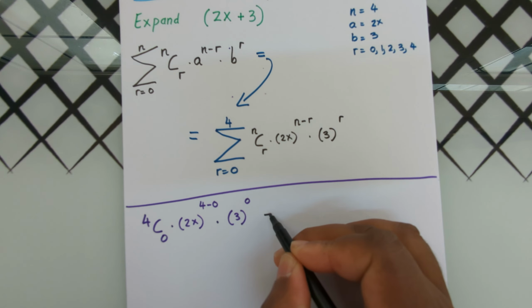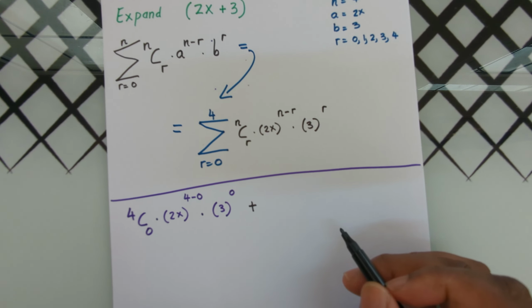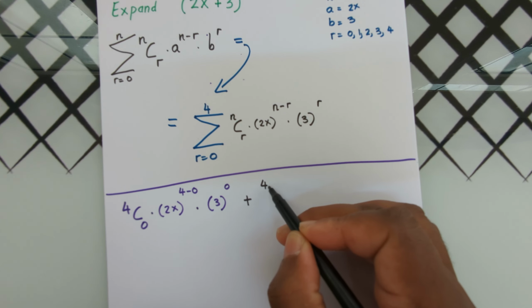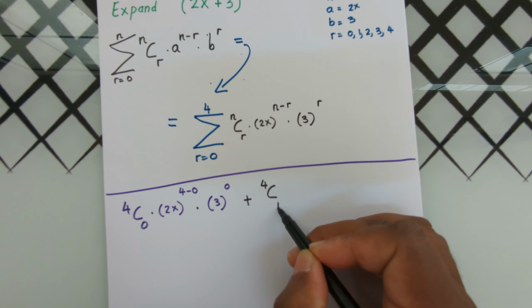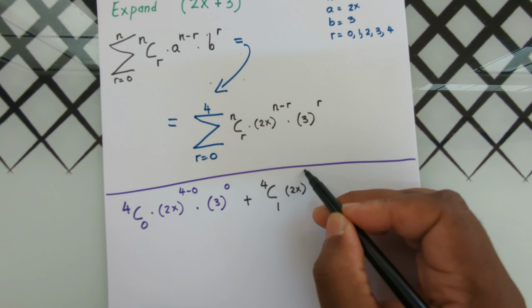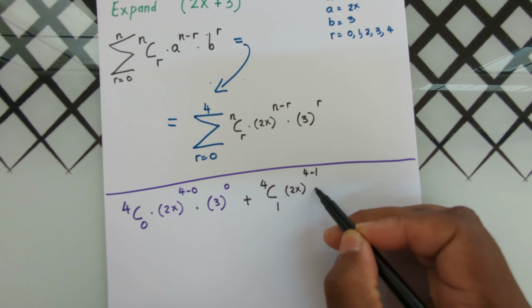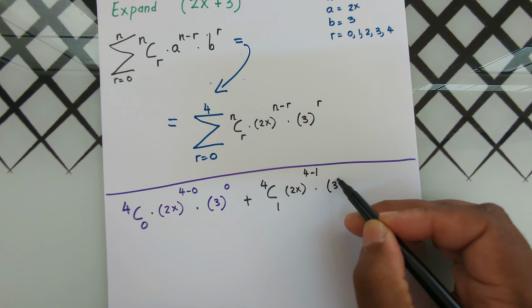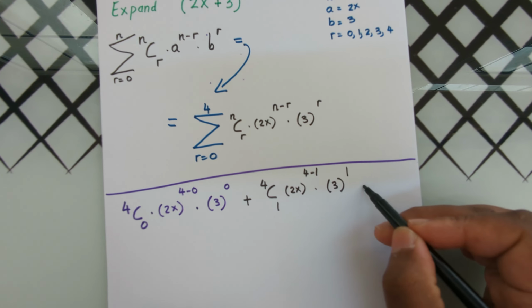So this is our first term, plus the next one will be 4 choose 1, now my r is 1, multiplied by 2x to the power 4 minus 1 multiplied by 3 to the power of 1.